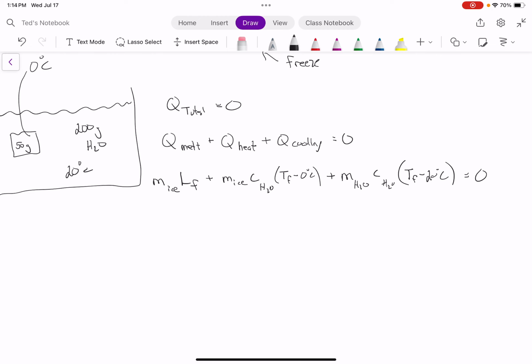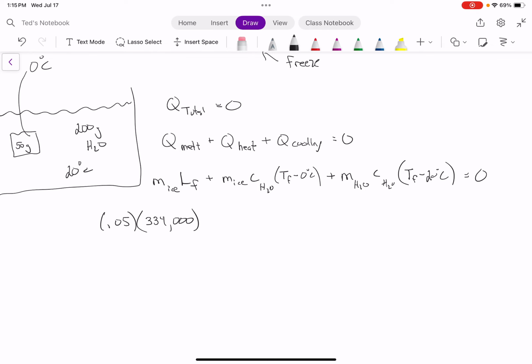Okay, so this is 0.05 kilograms, and I have to look up the latent heat of fusion for water. Okay, let's see. There's water, and here is the latent heat of fusion for water: 334,000 joules per kilogram. That's a lot.